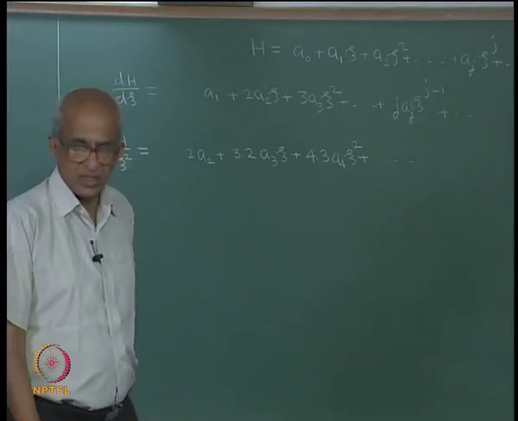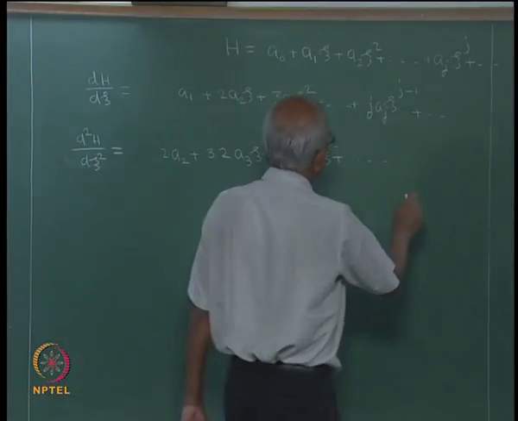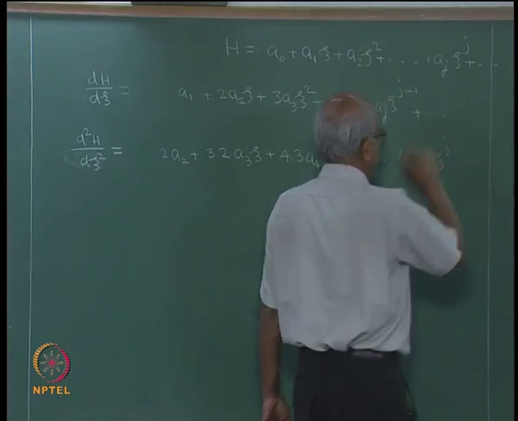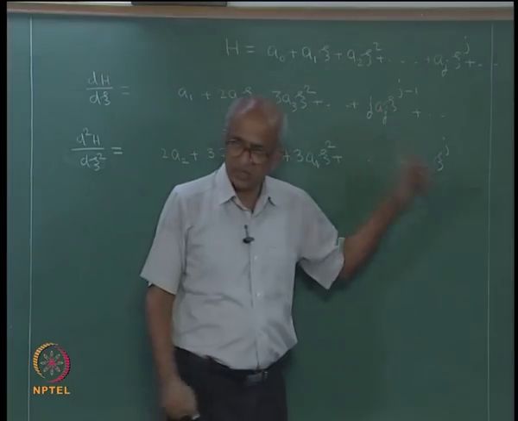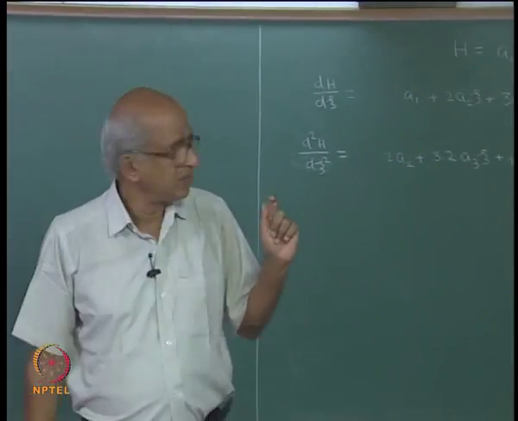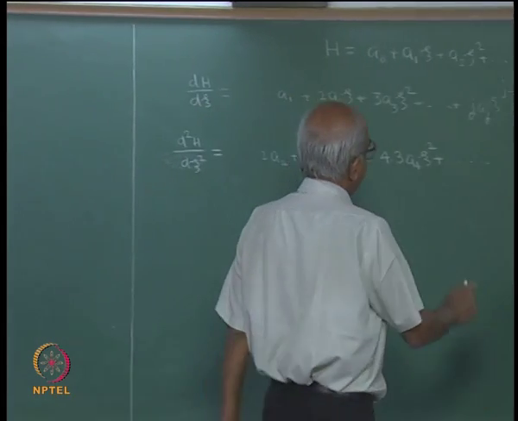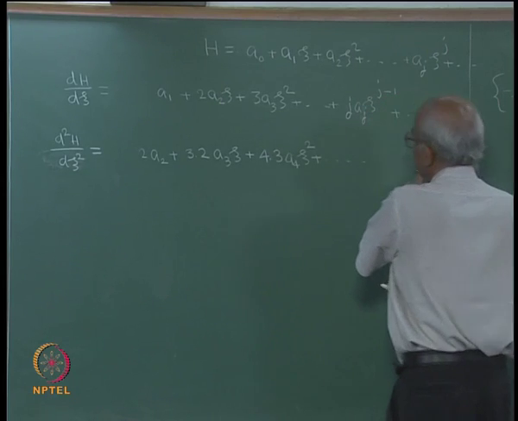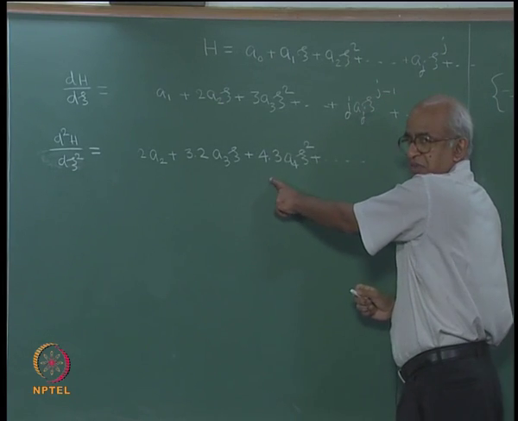Okay. This is how the series is, but I want to write down the term that contains, let me say, c to the power of j, unlike what I did here. What will that term be? You can guess what that term is going to be by just looking at this expression.